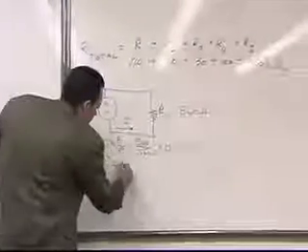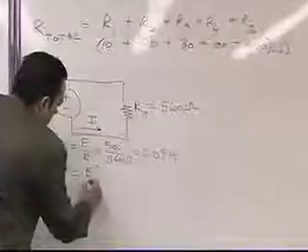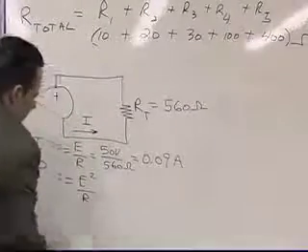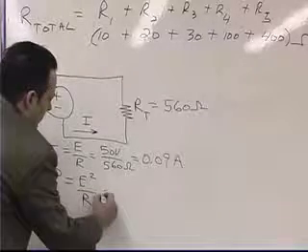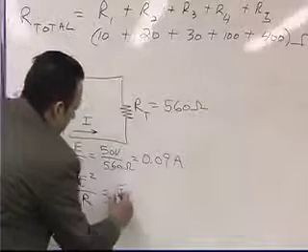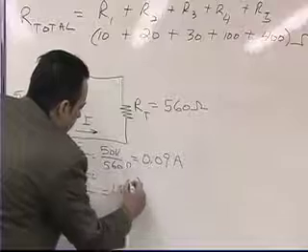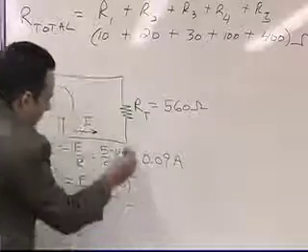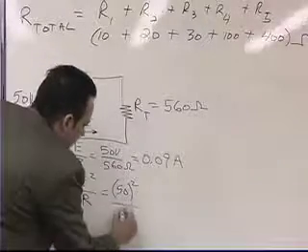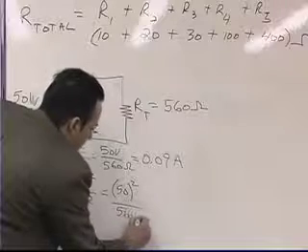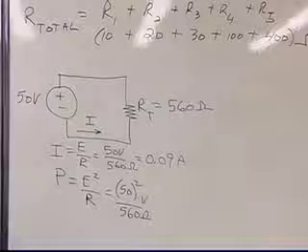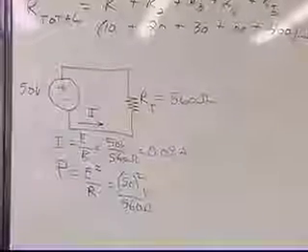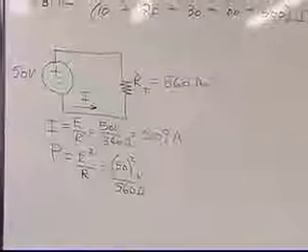It's voltage squared divided by opposition to current flow, or R. So when we plug those numbers in, we get 50 quantity squared divided by 560. This is ohms, this is volts. So what do you get when you take 50, you square it, and you divide it by 560?